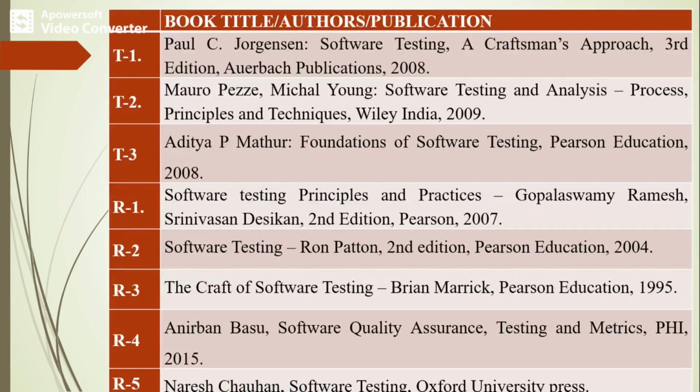These are some of the references or books, along with some publications. The first textbook we are referring to is Paul C. Jorgensen, Software Testing: A Craftsman's Approach, 3rd edition, published by Auerbach Publications in 2008.